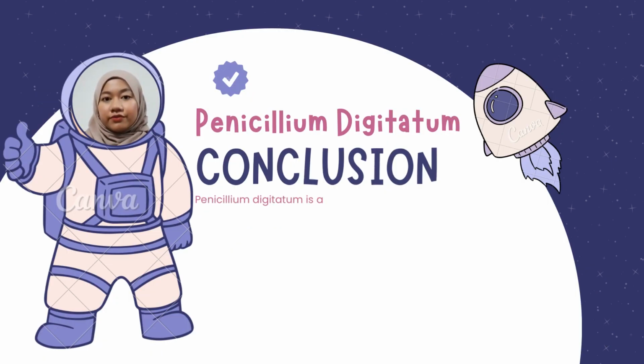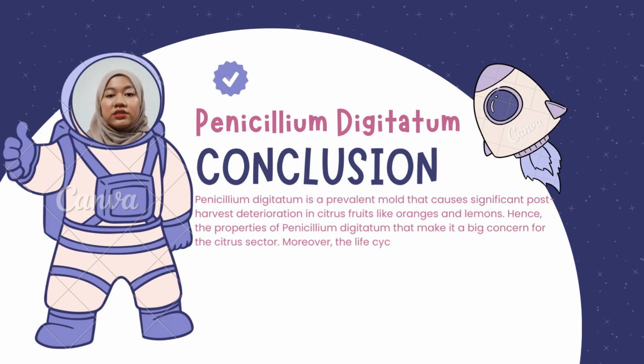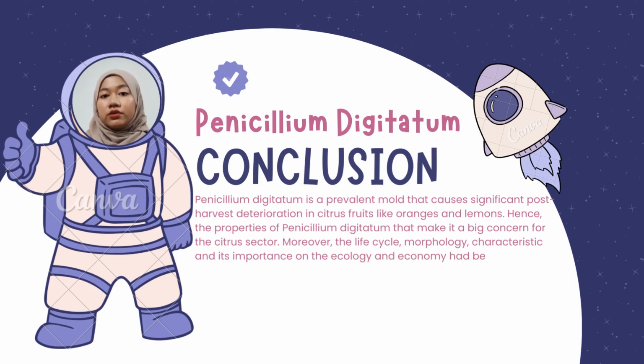To sum up everything from this study, we can say that Penicillium digitatum is a prevalent mold that causes significant post-harvest deterioration in citrus fruits like oranges and lemons. Hence, the properties of Penicillium digitatum that make it a big concern for the citrus sector, like the life cycle, morphology, characteristics, and its importance to the ecology and economy, have been explained.